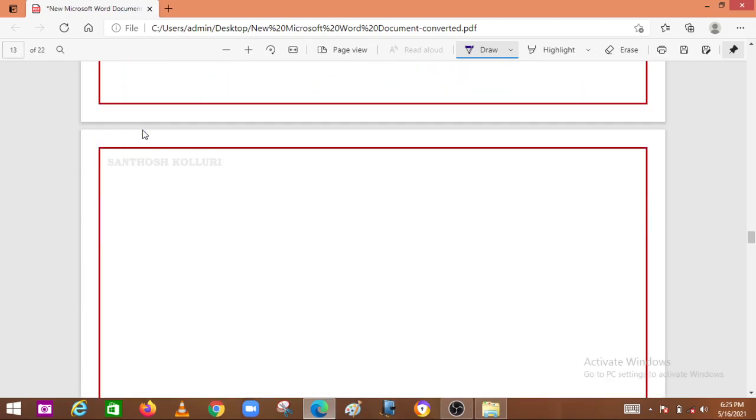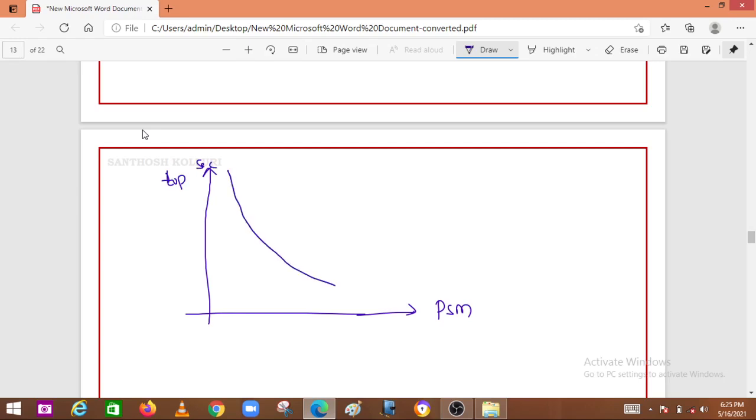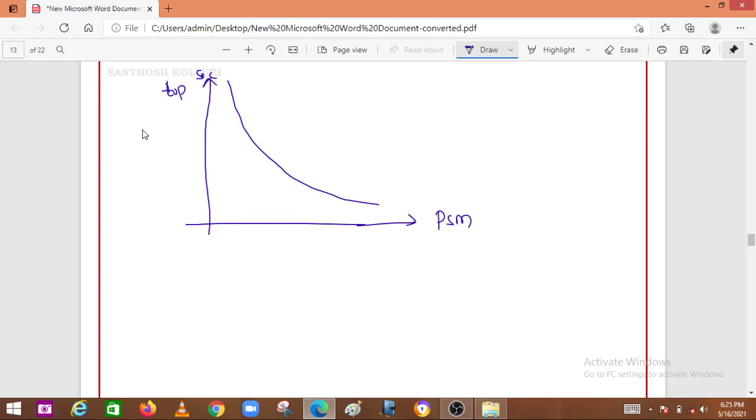So the graph will be like this for operating time versus plug setting multiplier. If I take plug setting multiplier on the x-axis and operating time on the y-axis in terms of seconds, this is my graph.